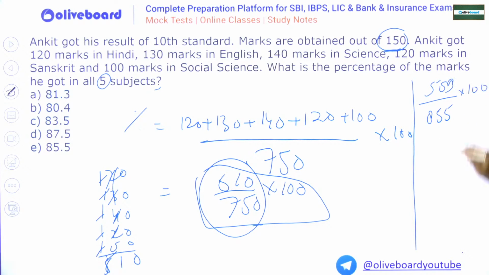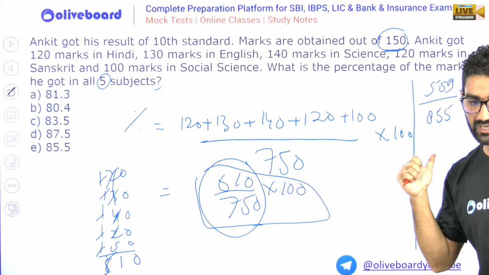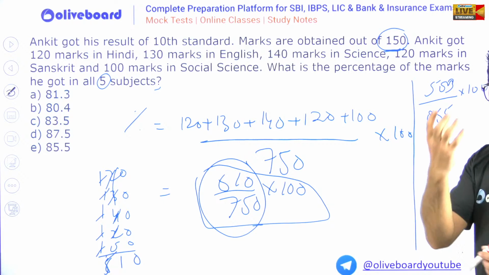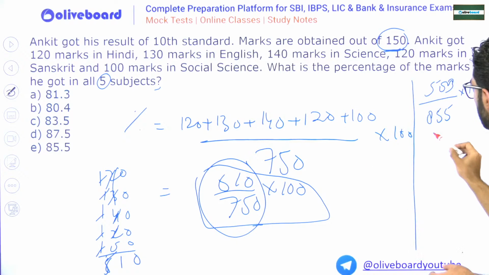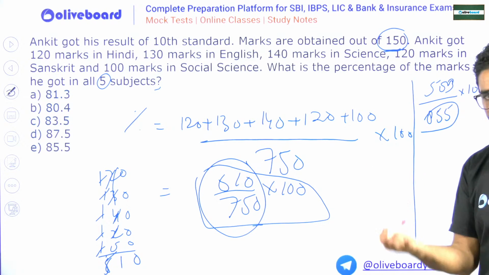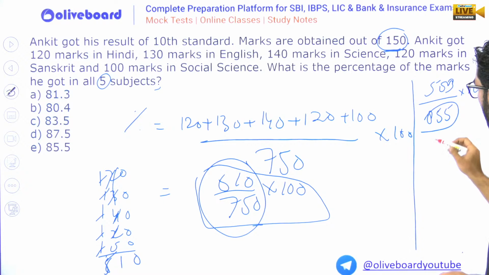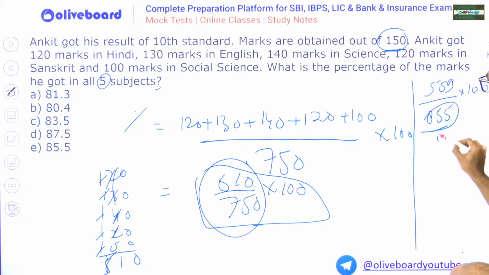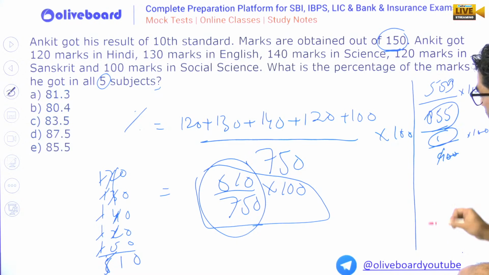We have to make it a percentage. How to do that? If I make this denominator 900, for example, I can cancel out the two zeros, and it will be the numerator divided by 9.